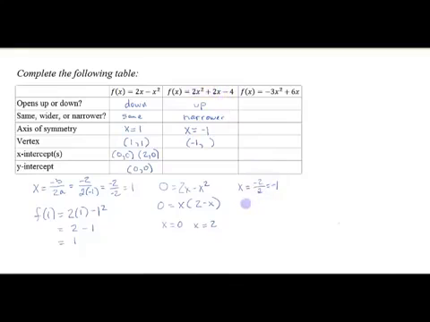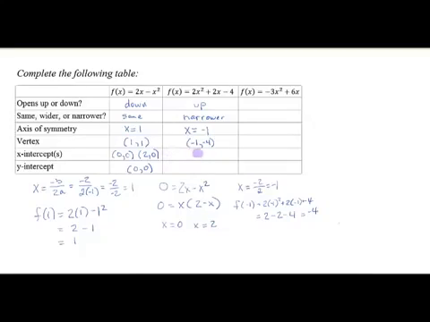So f of negative 1 is 2 times negative 1 squared plus 2 times negative 1 minus 4. That gives me negative 1 squared is 1, times 2 is 2, minus 2, minus 4. So I have a negative 4. So negative 1, negative 4 is the vertex.